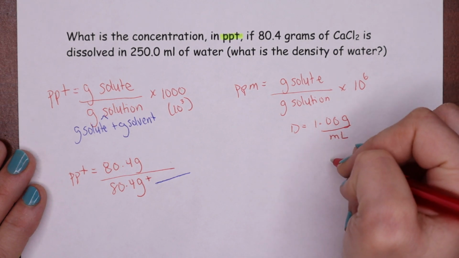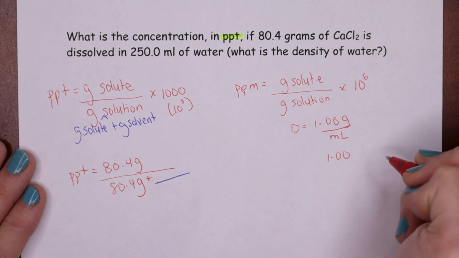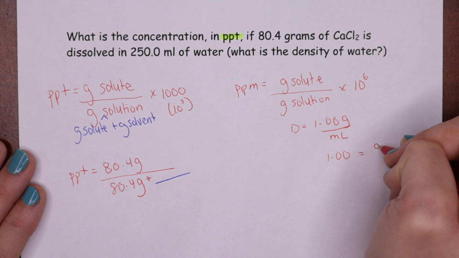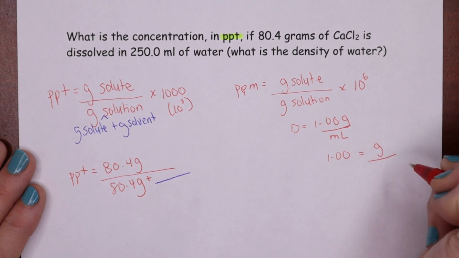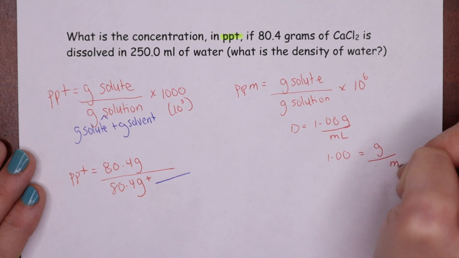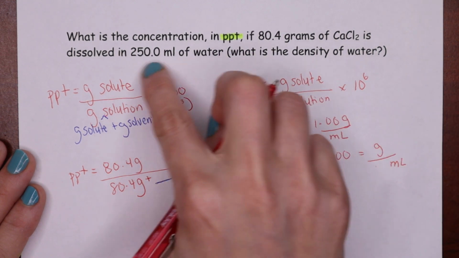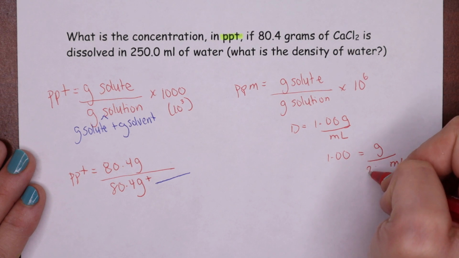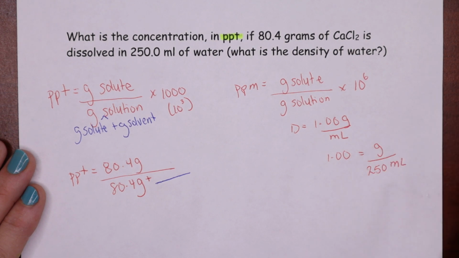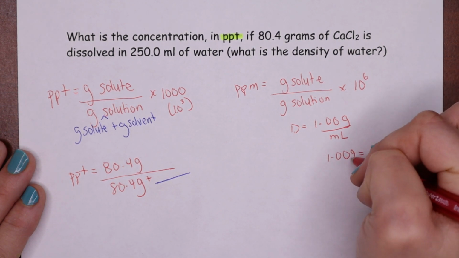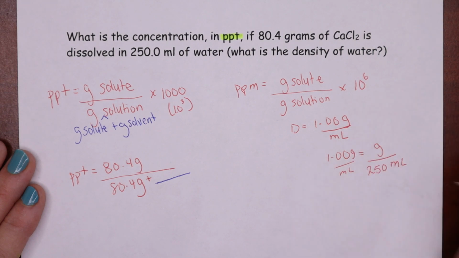Since the density is 1.00 grams over volume, milliliters, the milliliters are 250, so I can go ahead and plug that in. And you can go ahead and solve for grams. So again, what did we do?